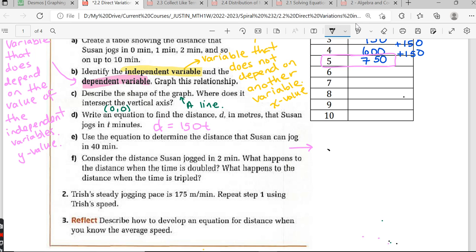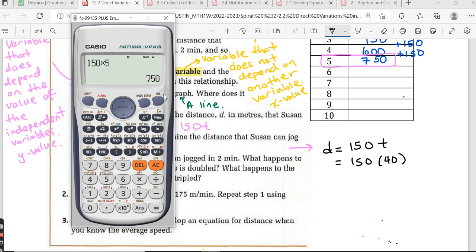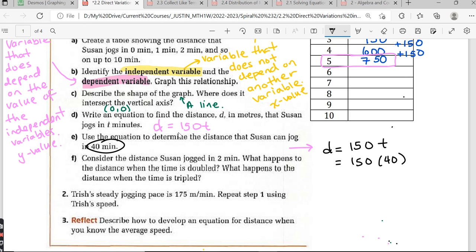So we know that distance will equal 150 times time. Distance is 150 times 40 minutes, because that's what the question is asking for. And let's see what we get. 6,000 meters. So Susan can jog 6,000 meters in 40 minutes.